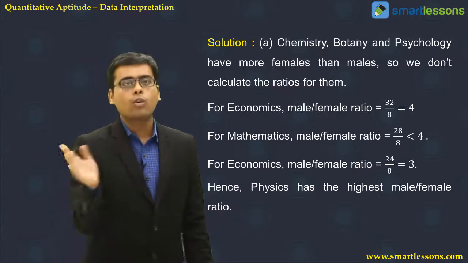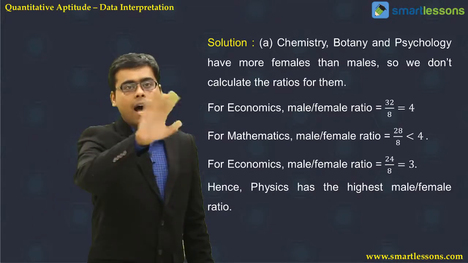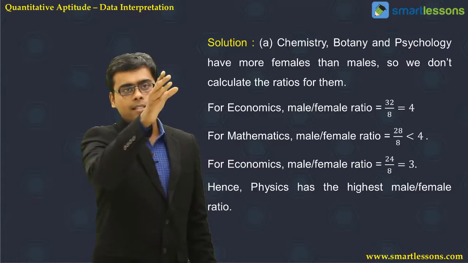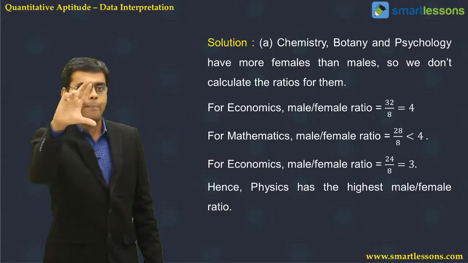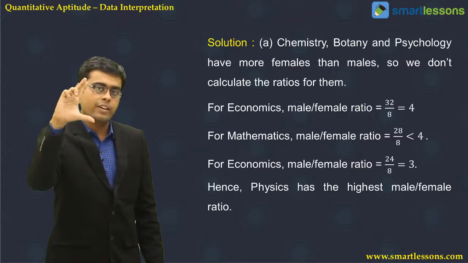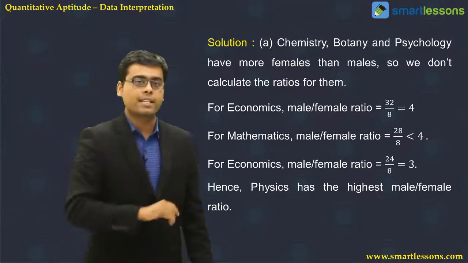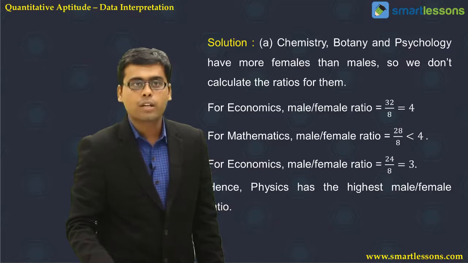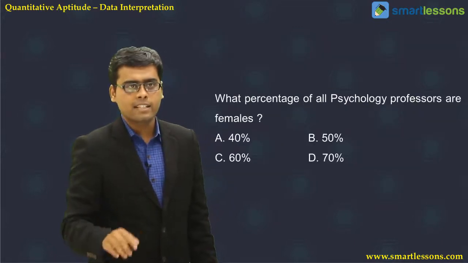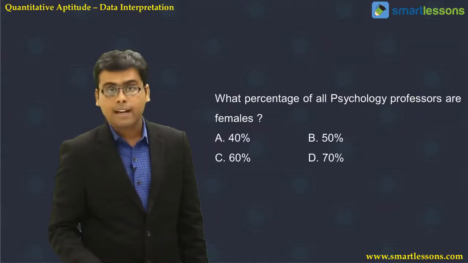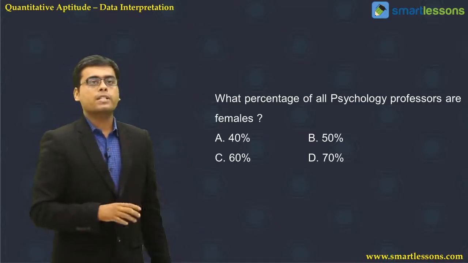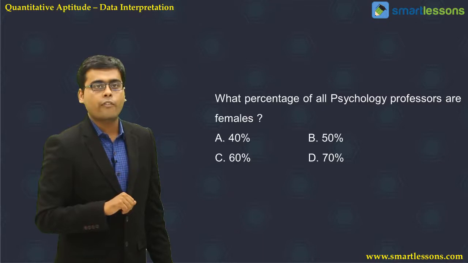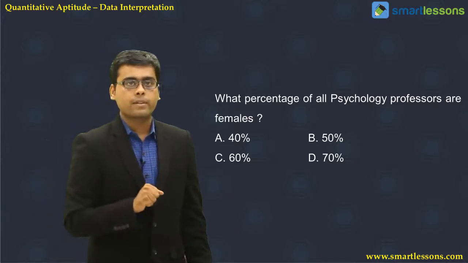So you don't need to consider the other subjects because it is clear from the chart that the height difference is maximum for physics. So straight away you can choose the right option, that is physics, or option A is the correct option in this case.